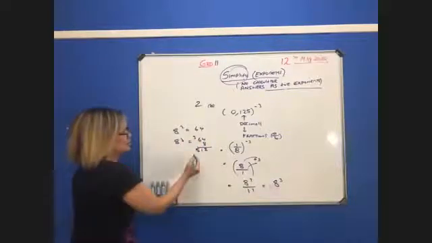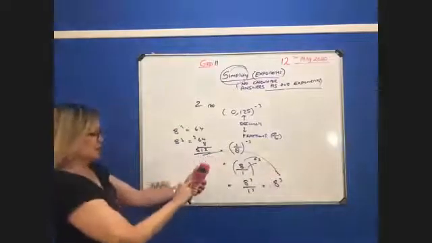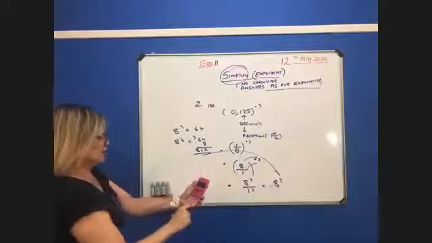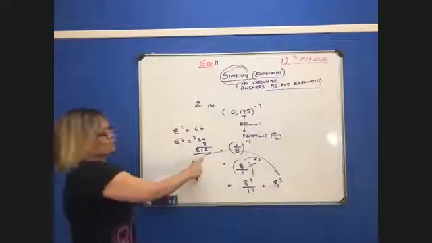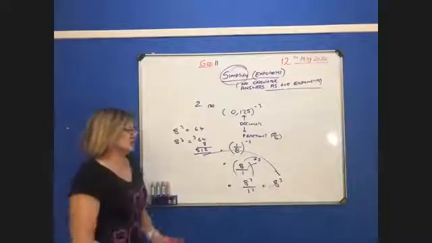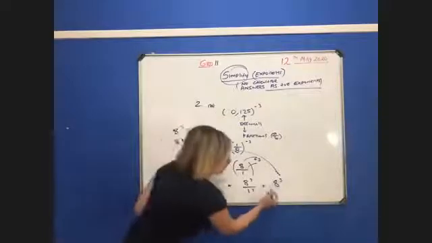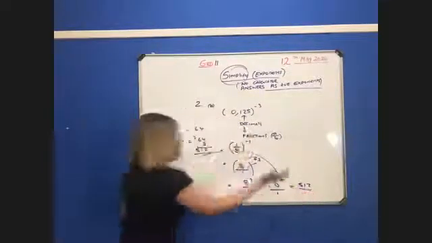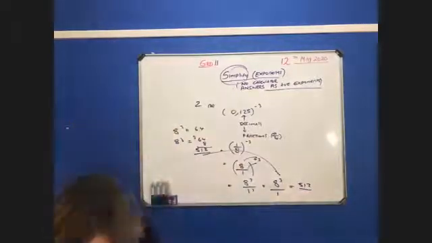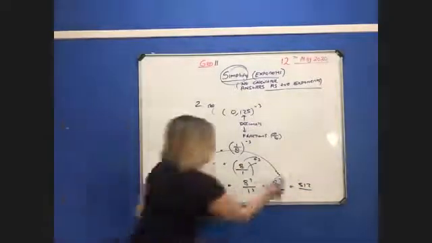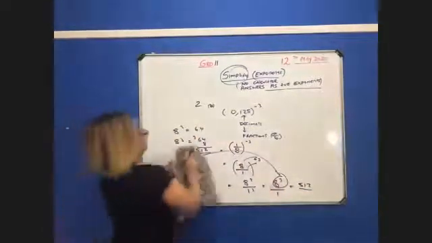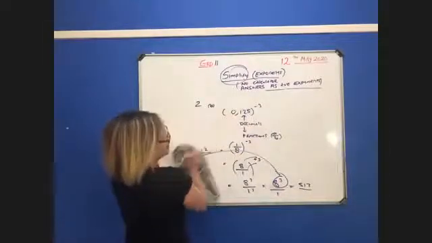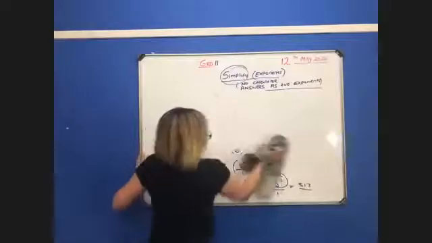So if I'm not mistaken, 8 to the exponent of 3 is 512, and then it's over 1, but anything over 1 is itself. It's fine. If you left it as 8 to the 3, I'm sure you would have also got it. But notice that we got out of decimals, we put it into fractions.